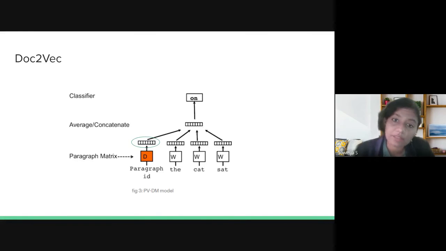Of course, a naive way of doing document representation is taking the average of all the word vectors. You'd be surprised to see in real world examples, average of Word2Vec does better than Doc2Vec for certain tasks. We need to see how it evolves.